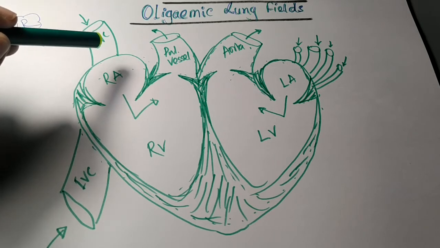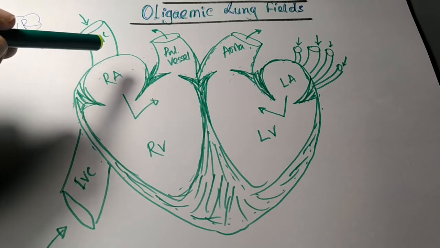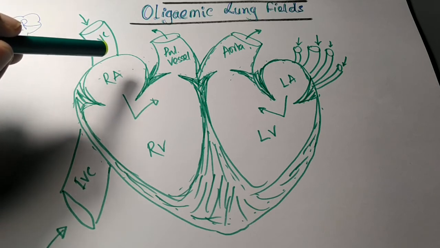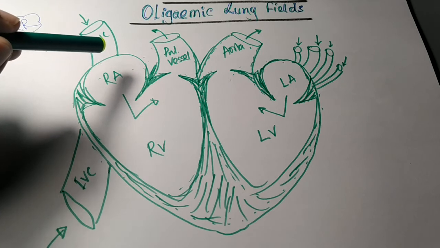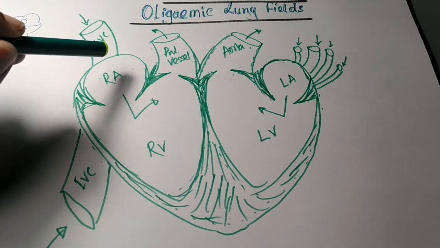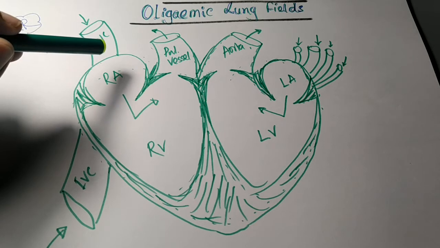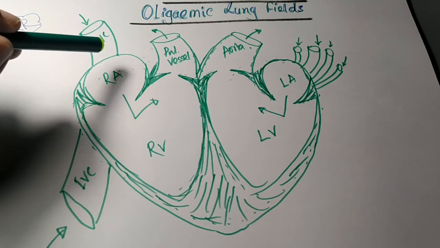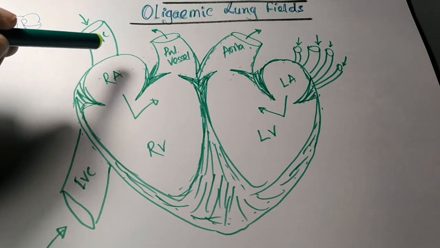So the lung field on the X-ray will appear more lucent than normal. Normally the lung field is of course lucent, but in oligemic lung field the lung field will be more lucent with less prominent blood vessels. More importantly, the blood vessels in the peripheral one third of the lung field will not be appreciated.